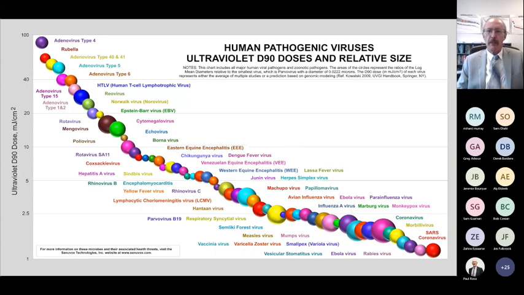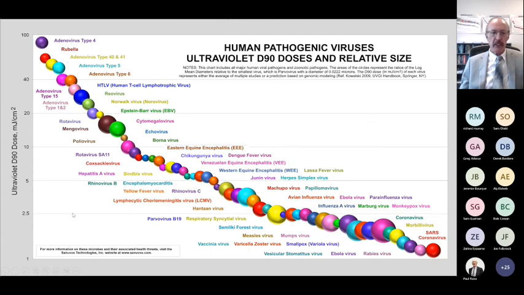Here's a poster of ultraviolet D90 doses for viruses. We have measured D90 doses for many viruses, but for the ones that we do not know, I have used genomic analysis to compute them. And you can see in this chart of ultraviolet D90 doses that if we look at 40 millijoules per square centimeter, we're effectively going to take care of well over 90, perhaps 95% of viruses.